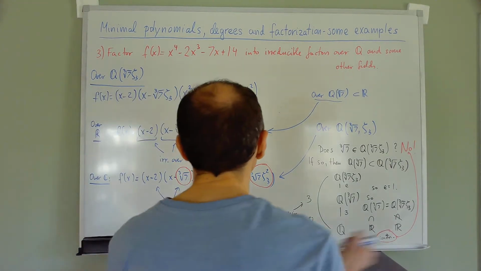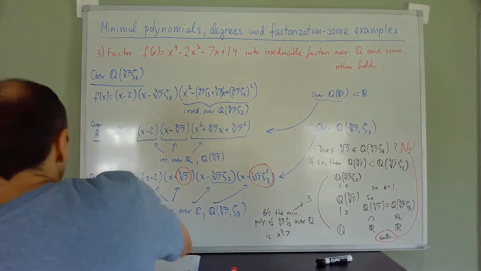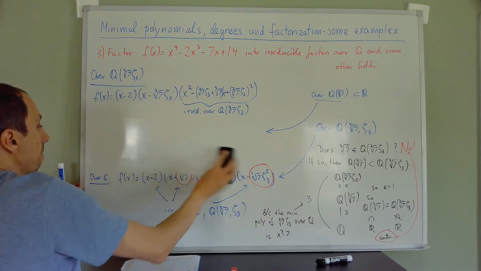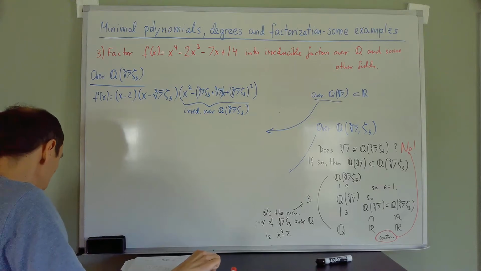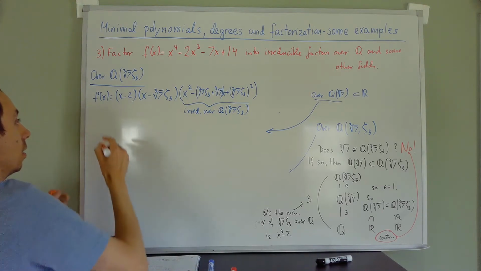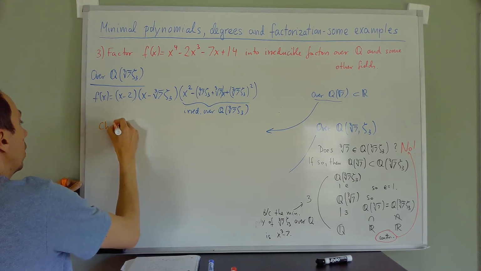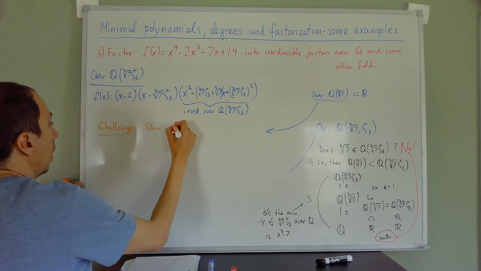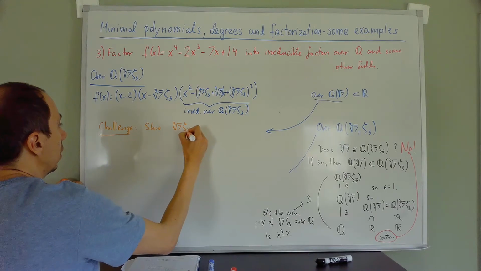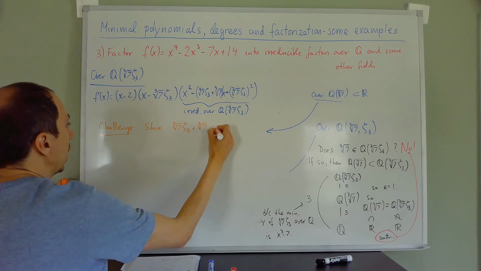So I'll leave it to you here as an exercise. Sort of a challenge. Show that cube root of 7 zeta 3 plus cube root of 7 is actually in this field.